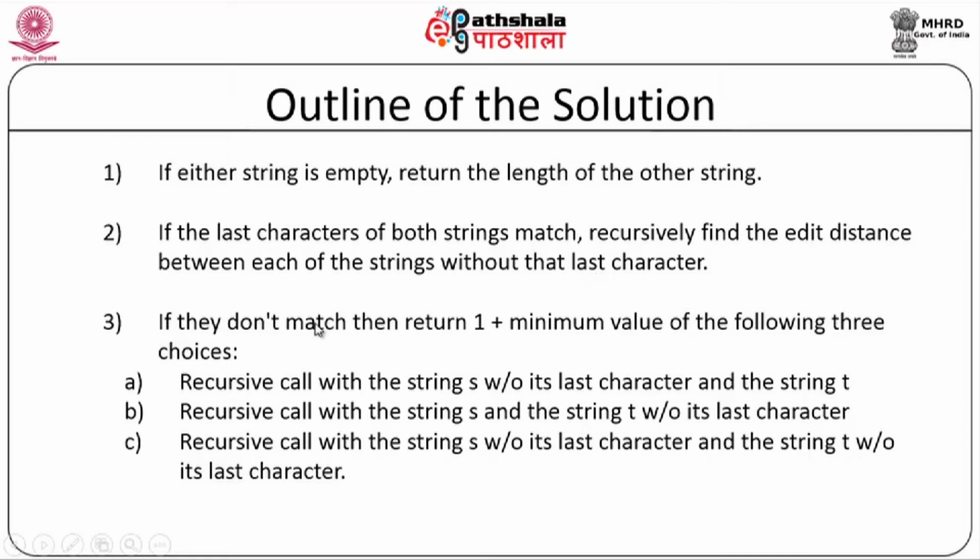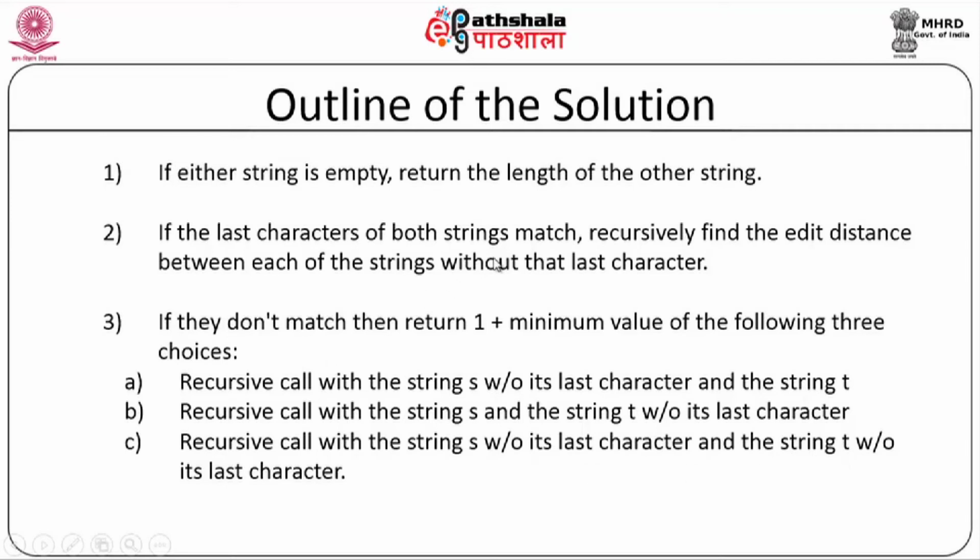If they do not match, then it is 1 plus the minimum value of these 3 choices. A recursive call with the string S without its last character and the string T, a recursive call with the string S and the string T without its last character, and a recursive call with both S and T without their last characters.